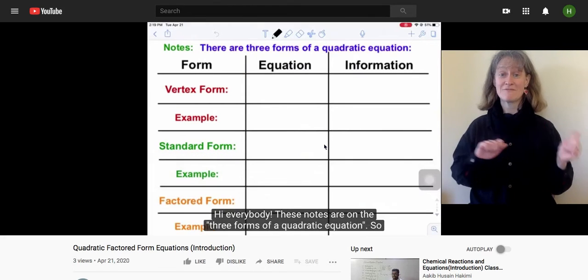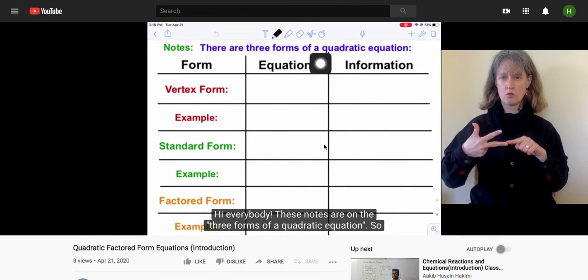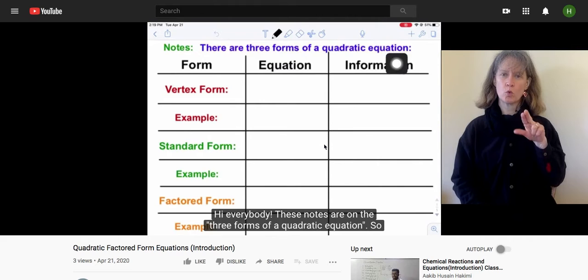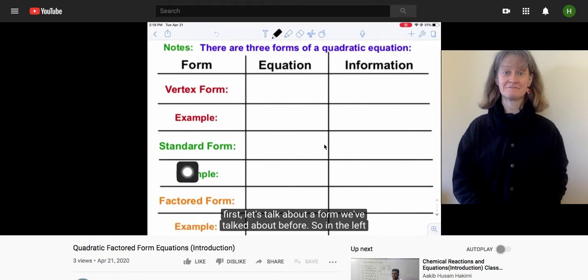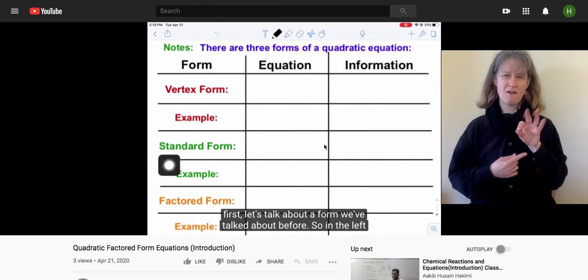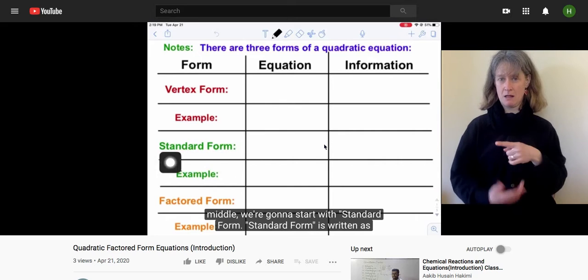Everybody, these notes are on the 3 forms of a quadratic equation. So first, let's talk about a form we've talked about before. In the left middle, we're going to start with standard form.